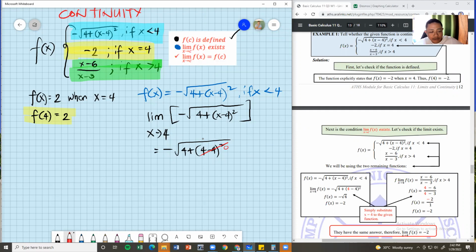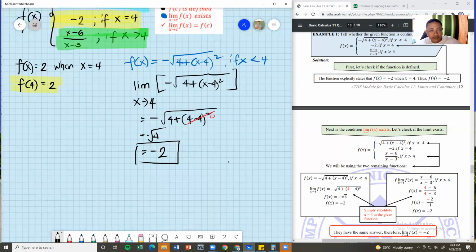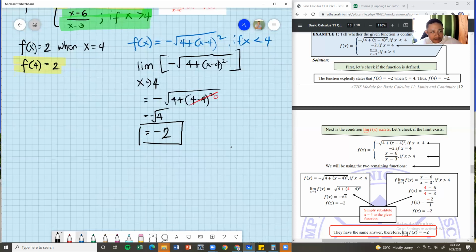We will end up with negative square root of 4. And the negative square root of 4 will be equal to negative 2. Can you follow? Tingnan naman natin. For the other function, it will be this. Green naman. F of x.